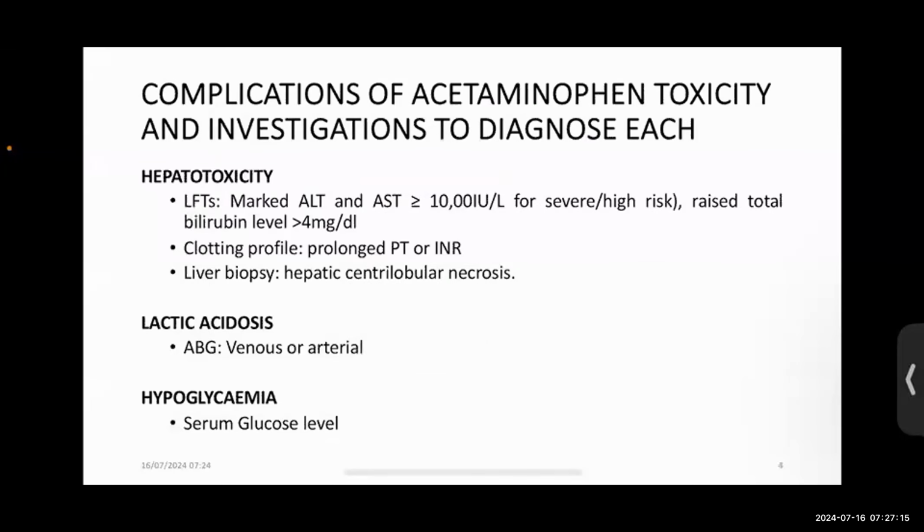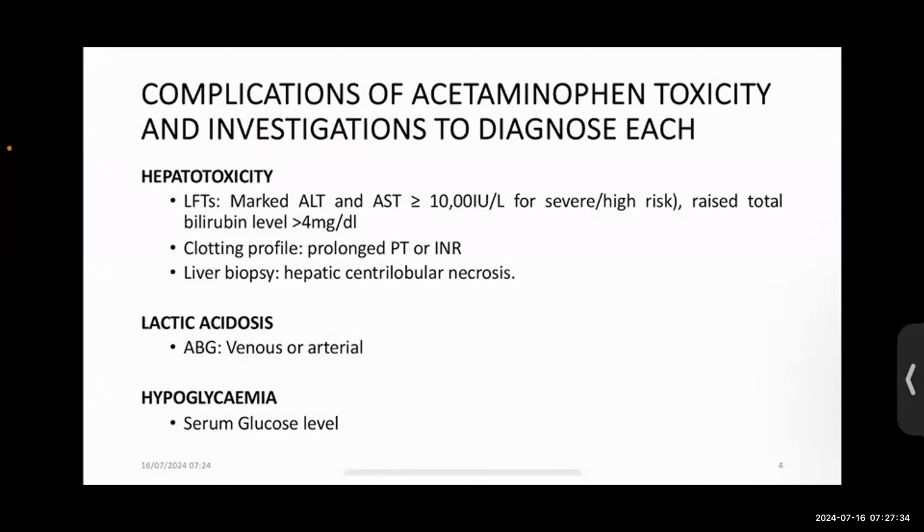So what complications could occur? Just as we said from the second stage, hepatotoxicity can occur, and we can see the transaminases quite high. Normally, it's supposed to be around 40.